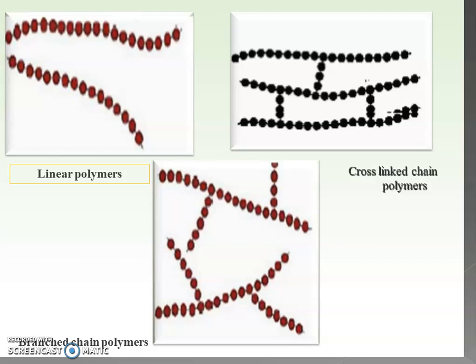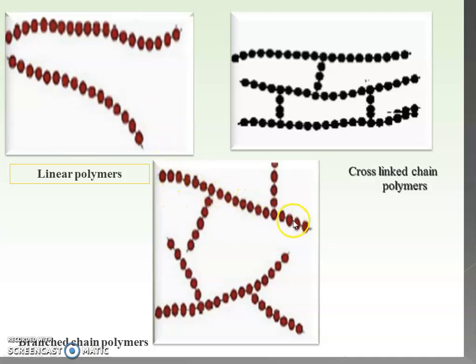See, these are the structures of linear, branch, and cross-link polymers. This polymer structure is linear, showing a straight chain. So these are called linear polymers. This is a branch polymer.